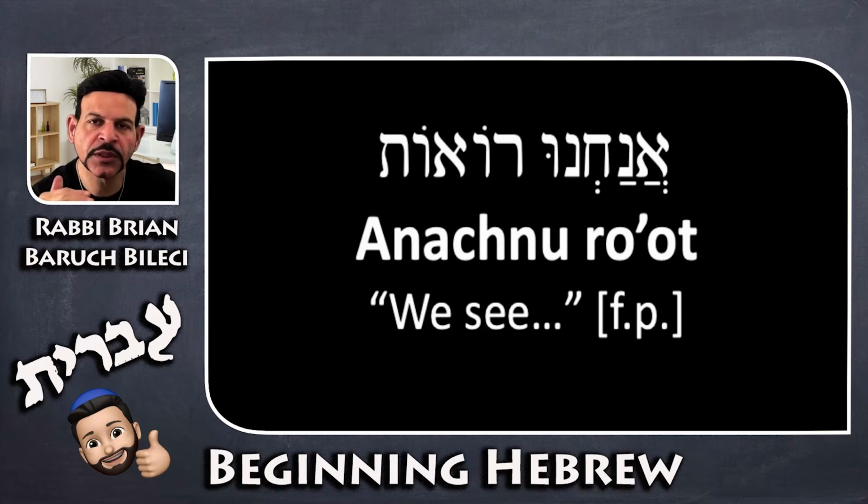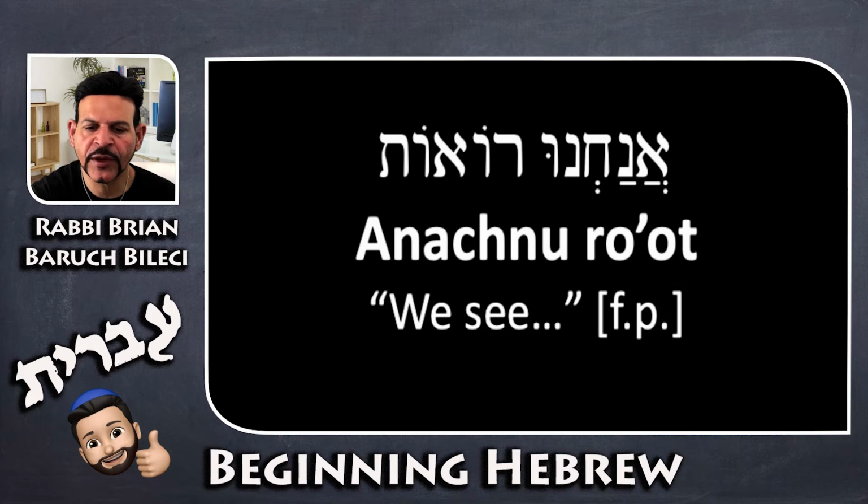My Torahs, sometimes translated my laws, that he will put in your heart. And rabbis traditionally considered there to be two Torahs, the oral and the written. Orally passed down versus the written that is written by a scribe or a sofer. So we see that anachnu is we and ro'ot is the feminine plural form only when no man is being represented in that category of we, anachnu. Anachnu ro'ot. Right.